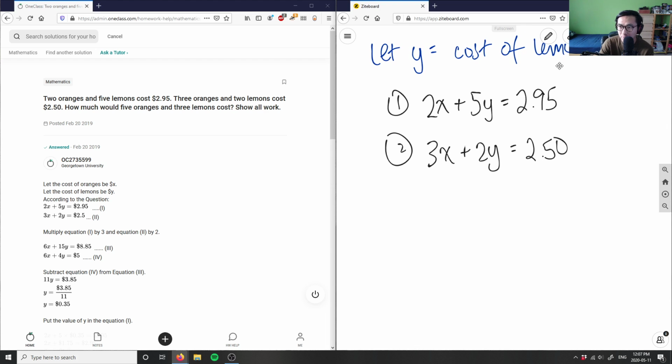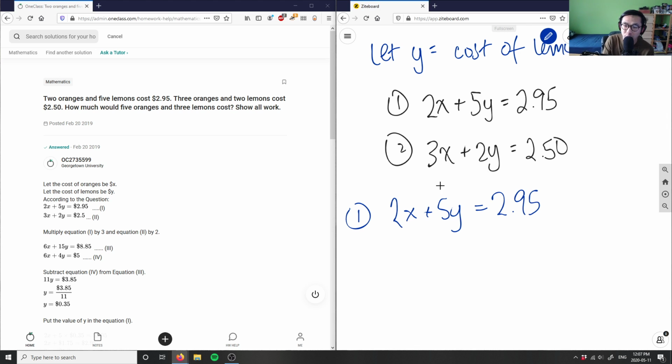In this case, I'm going to do substitution. I'm going to use equation 1 and rearrange it to solve for a variable, in this case y. So I have 2x plus 5y equals $2.95.